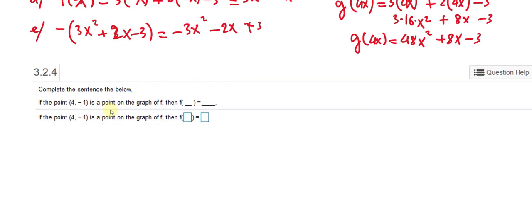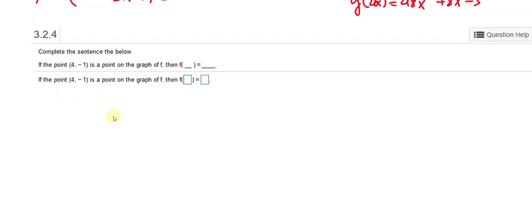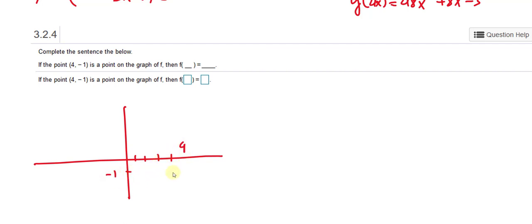Okay, so 2 more questions. This is the next one. If the point 4 and minus 1 is a point on the graph, so let's plot that one. 1, 2, 3, 4 for x, minus 1 for y, which is this point. Then f of something equals something.